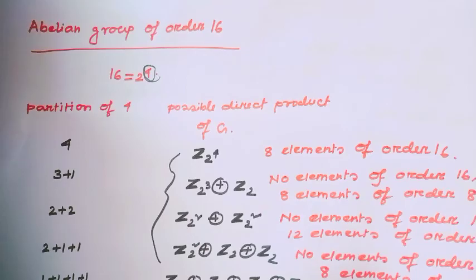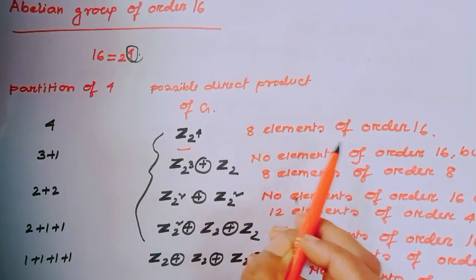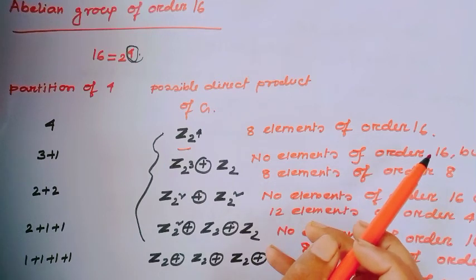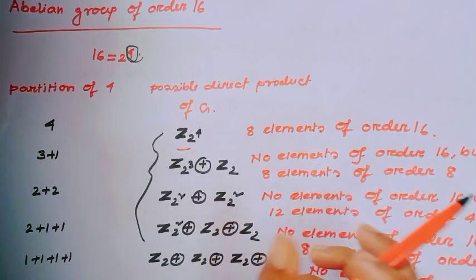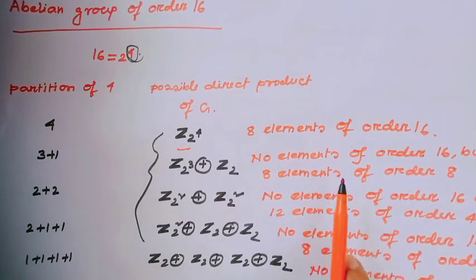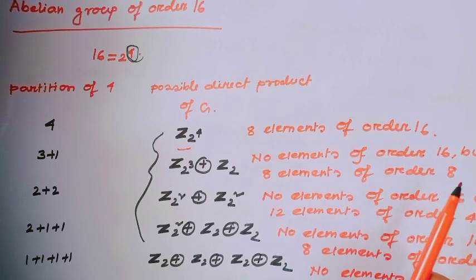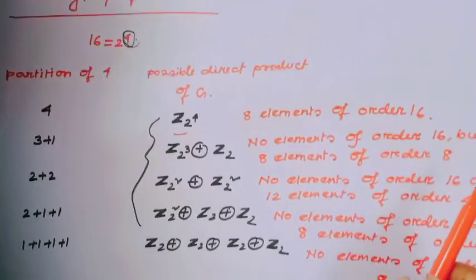For this, there are 8 elements of order 16. If you find, then you will understand it easily. But for this, there exists no element of order 16, but there exist 8 elements of order 8.